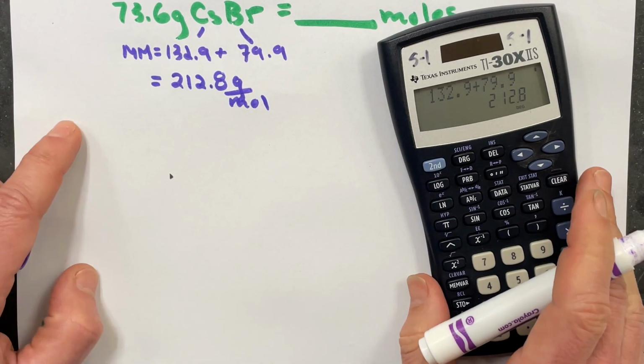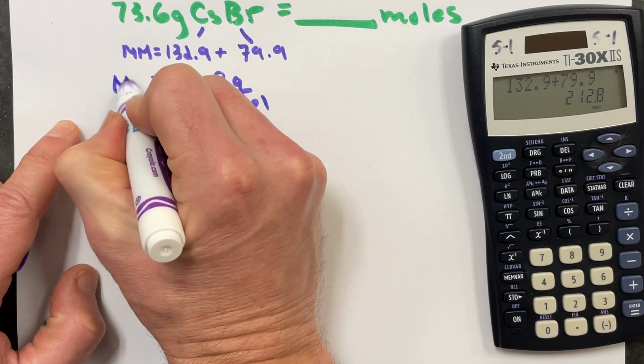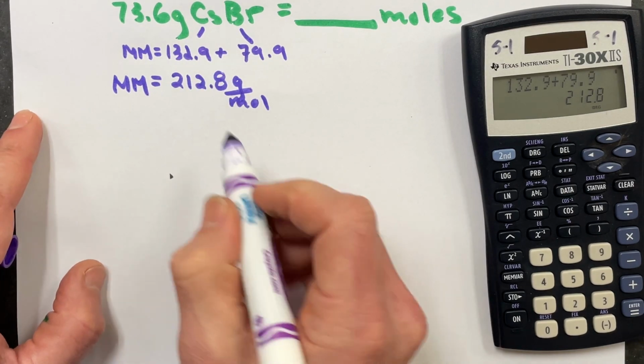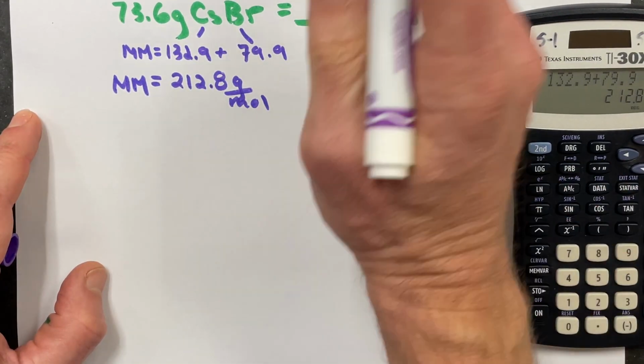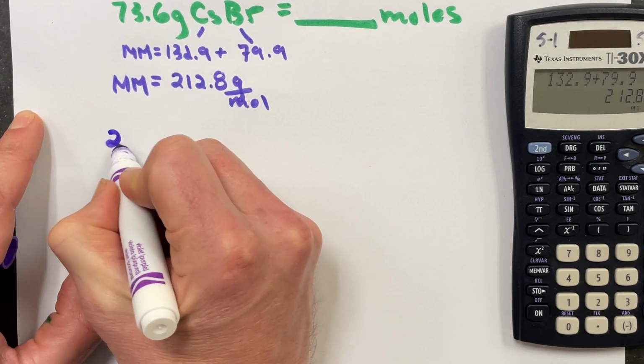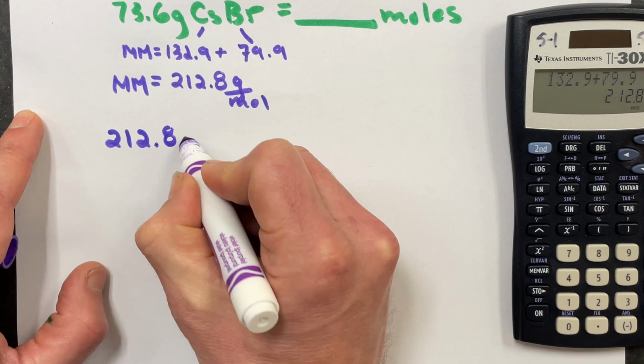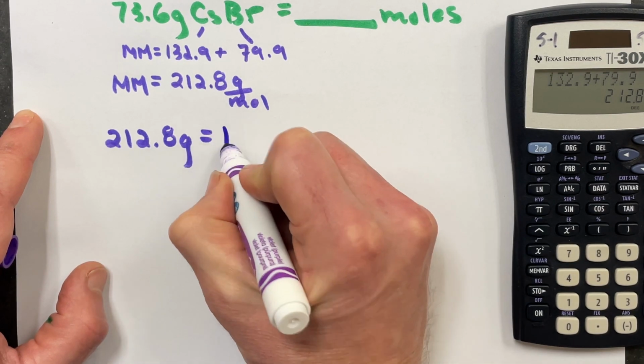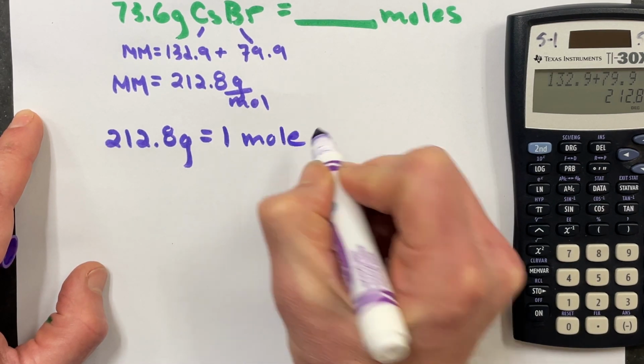Now the next thing after you find the molar mass, this is a money number for you, but I like to write down what that means, and this will really help you with molar conversions. So we write down 212.8 grams, or how many you have when you have 1 mole of them.